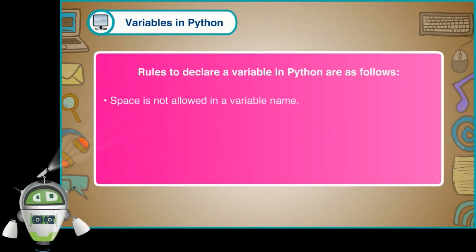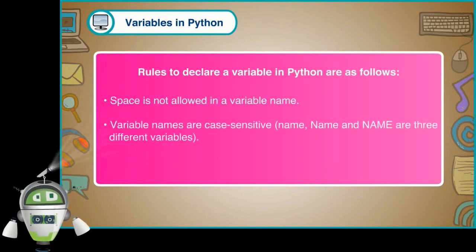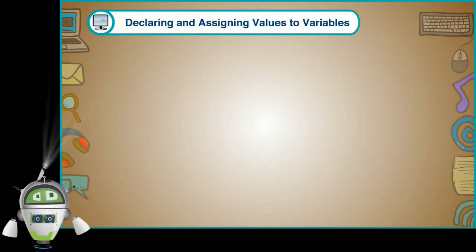Space is not allowed in a variable name. Variable names are case sensitive, that is, name, Name, and NAME in all capital letters are 3 different variables.